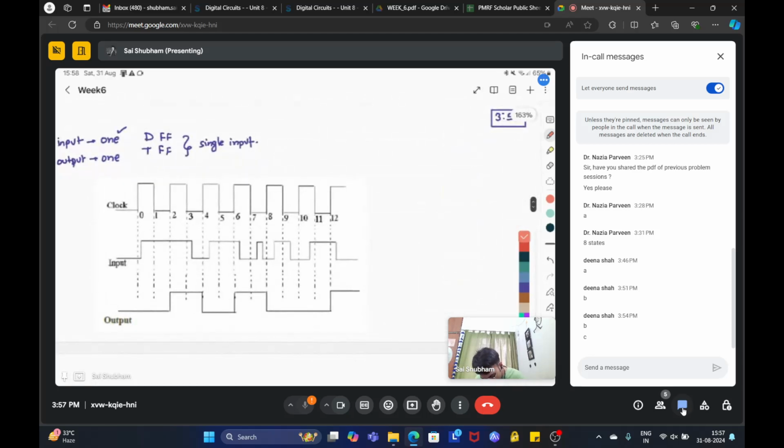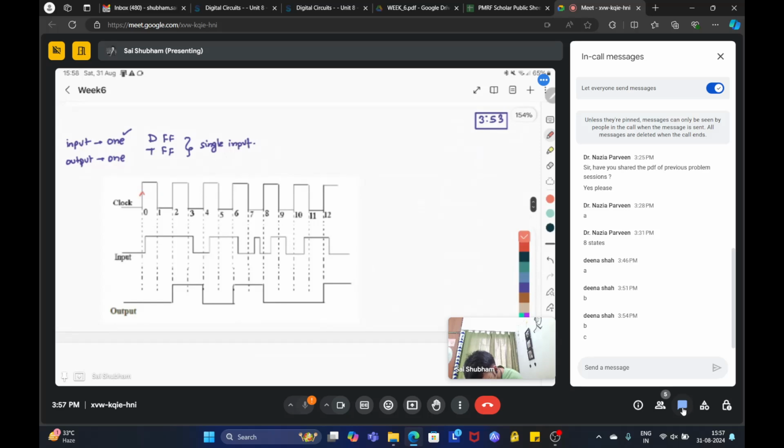So let's mark all the positive edges. So here you have one. So these are positive edges because there is a transition from 0 to 1. Right?